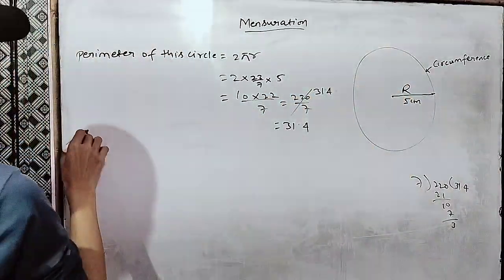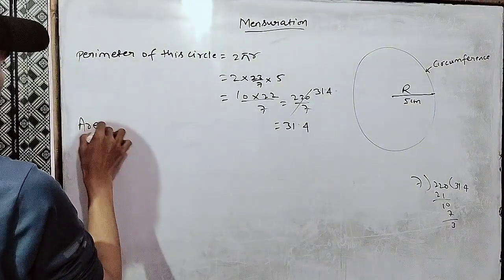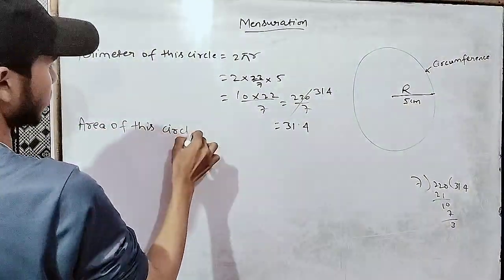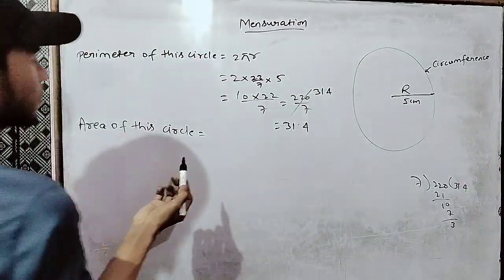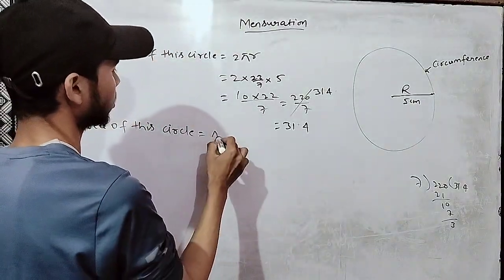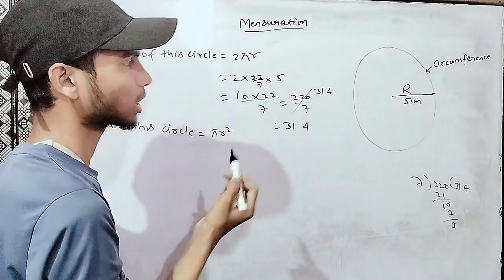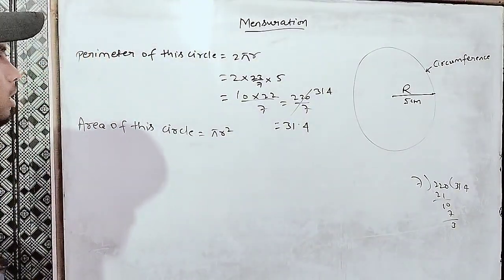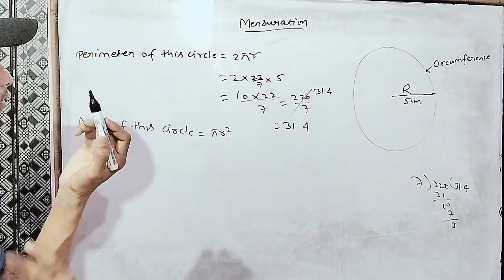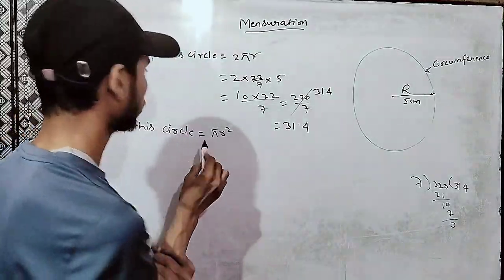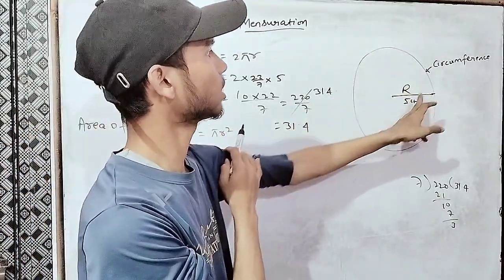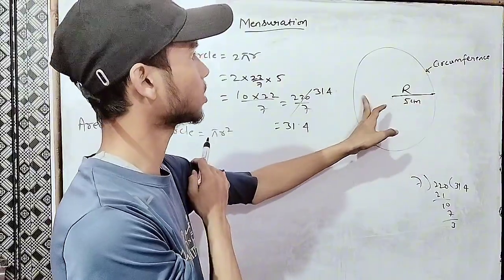Now what about the area of this circle? Pi r square. We don't care about 2 times in the case of the area. So pi r square, where r square means r is 2 times.